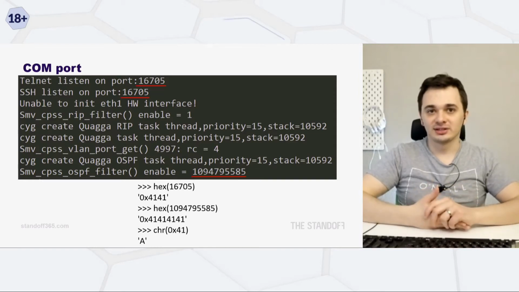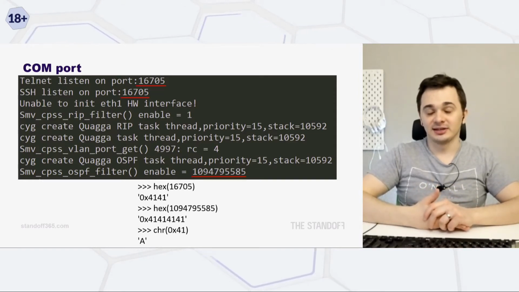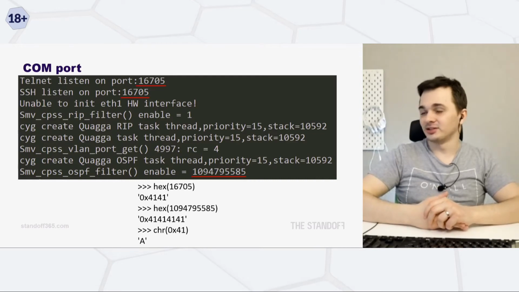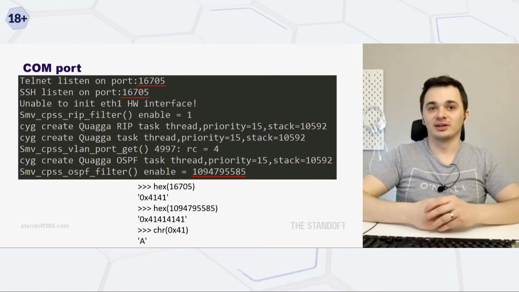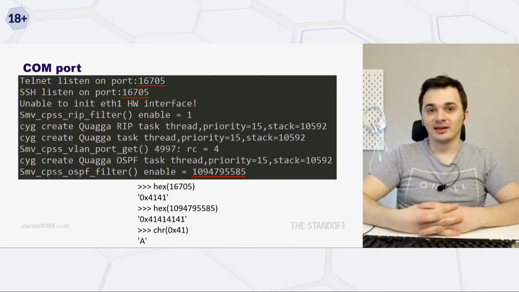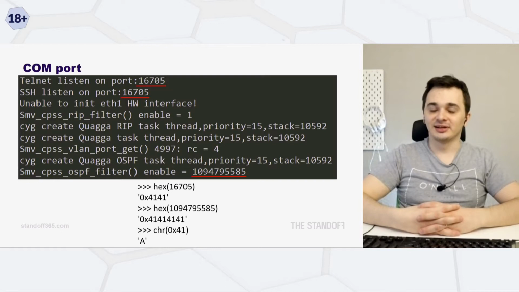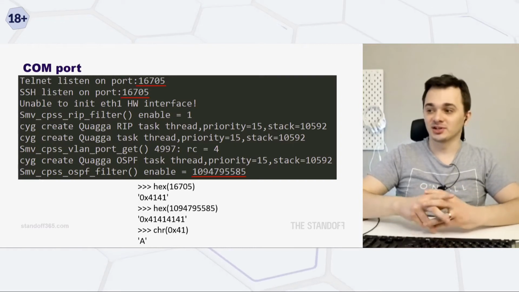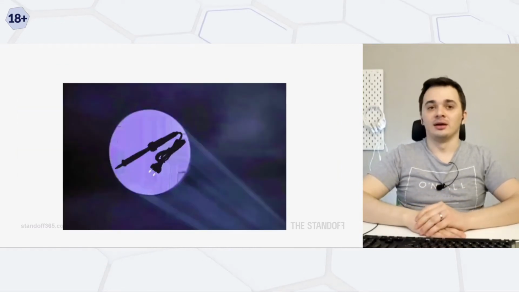And 41 is actually equivalent to A, which means that 150,000 letters A that I sent over the web interface arrived here. Which means I was successful in rewriting it, not just the Telnet and SSH ports, but also something so important that the switch can no longer function.